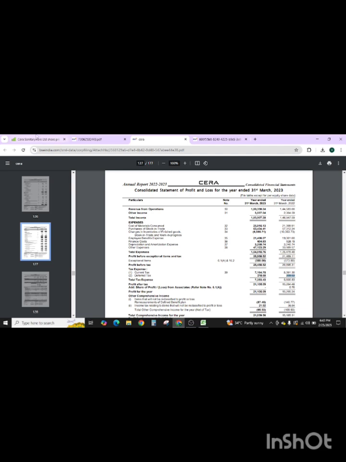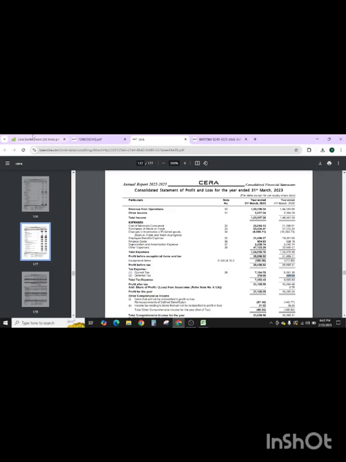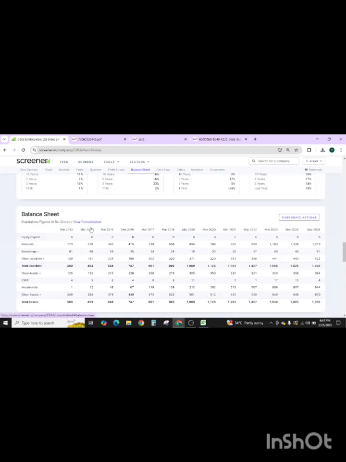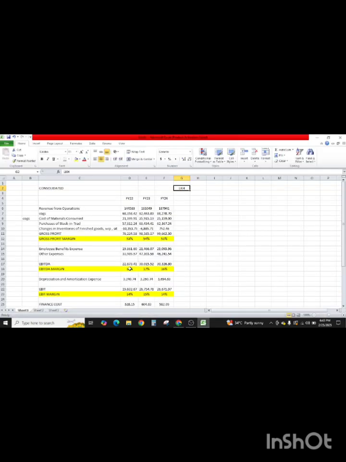Now if we look at Screener's P&L data, they are not giving the margin here. But on other websites they will give you the gross profit margin, and you can recheck whether your number is right or wrong.